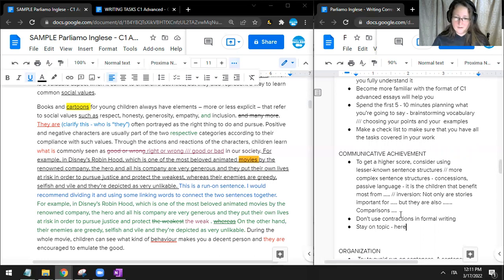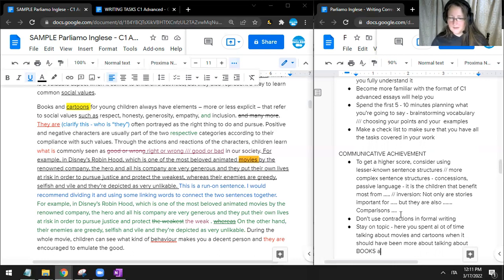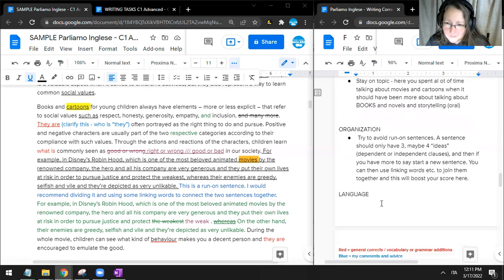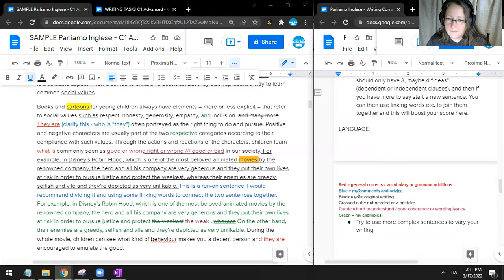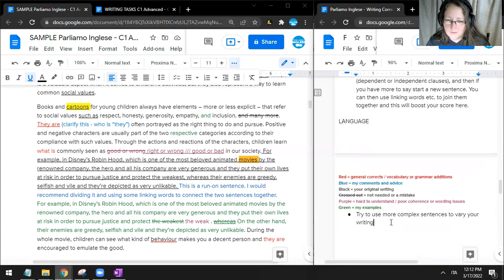For example, here you spent a lot of time talking about movies and cartoons when it should have been more about books and maybe novels and storytelling, maybe even oral storytelling potentially. But I don't have anything else really to add under language because I felt that was pretty much your strong point here.